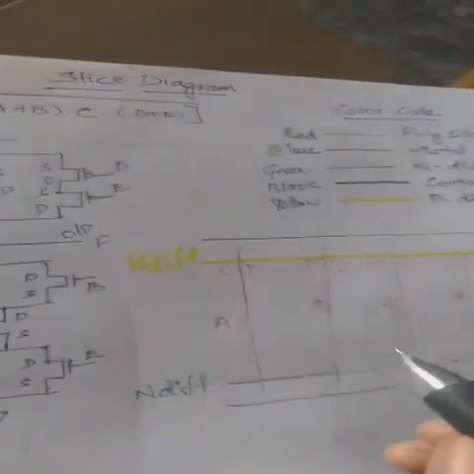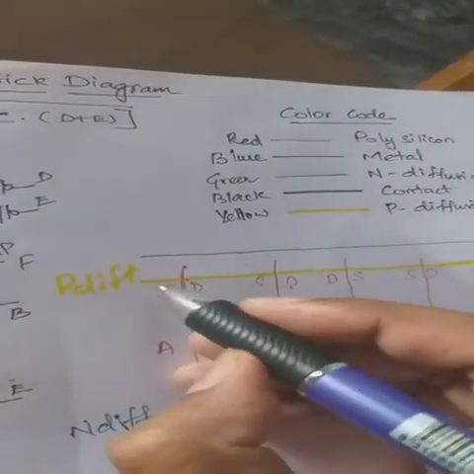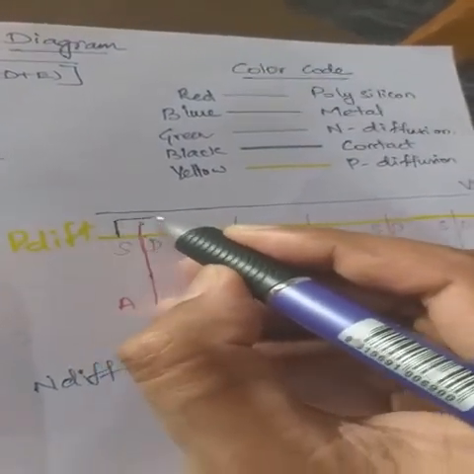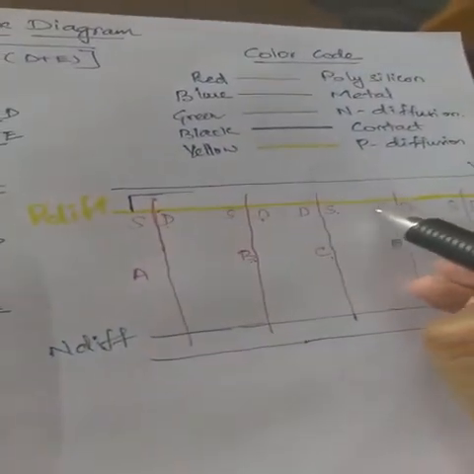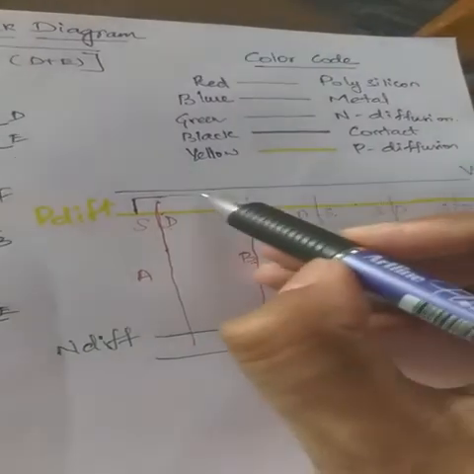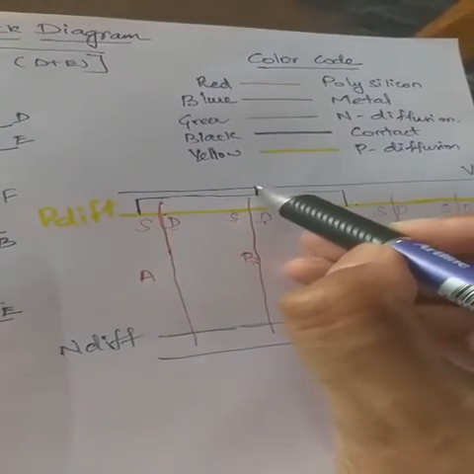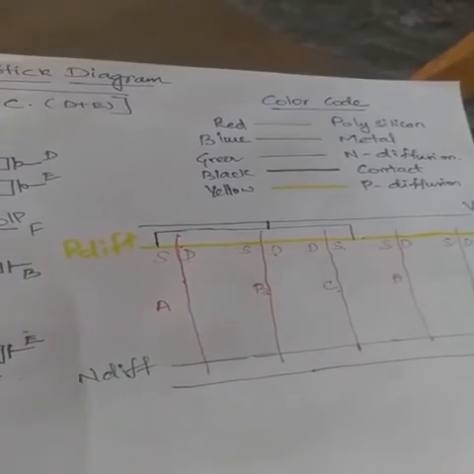So we have to connect the source of A with the source of C and the source of D. The source of C and source of D is this terminal. So we can take this up like this and connect it with the supply line. So we have done it.